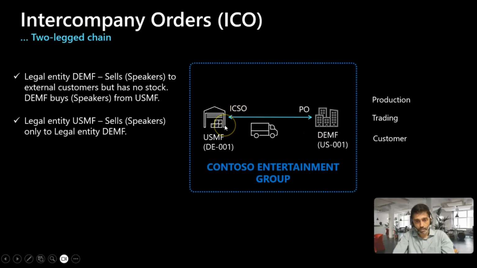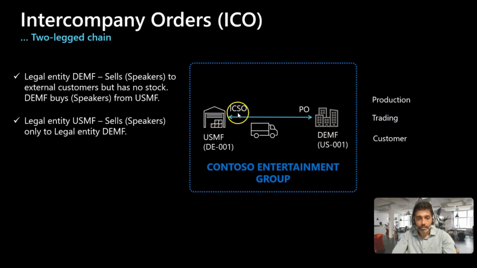So this is what we have created: a purchase order in DEMF, which created an equivalent intercompany sales order in the legal entity USMF. Now, since the purchase order resulted in the creation of the intercompany sales order, USMF needs to complete the packing slip posting. This means USMF needs to deliver the material, and then we need to receive the material in DEMF.